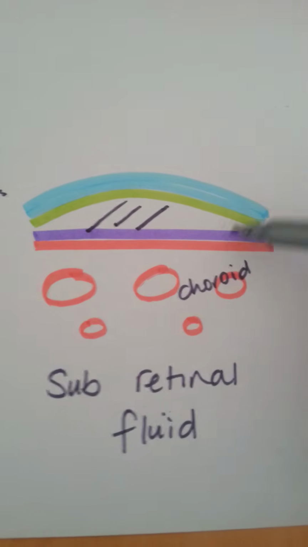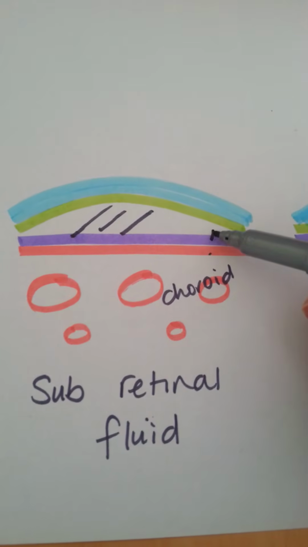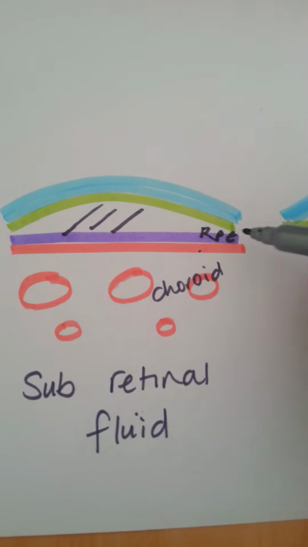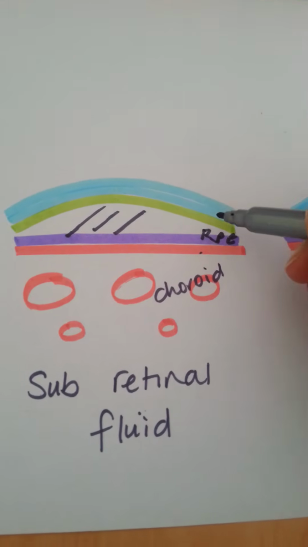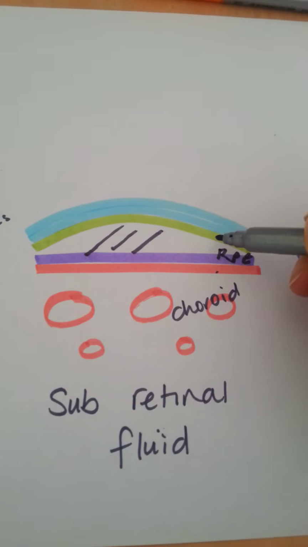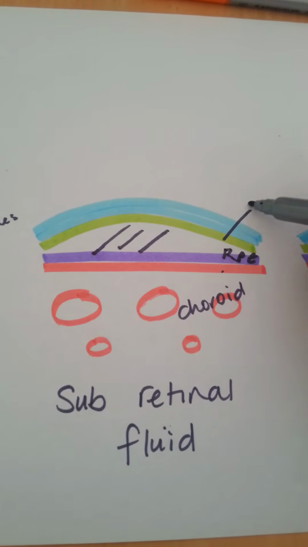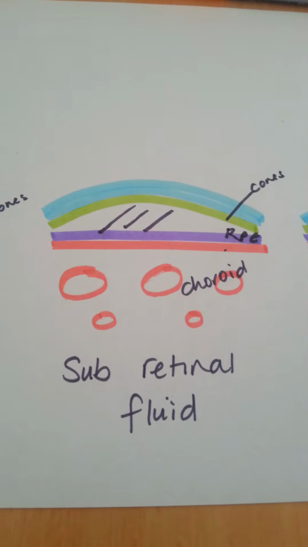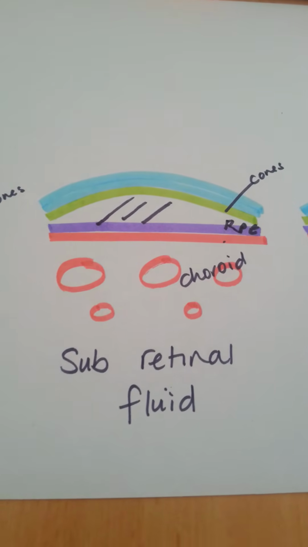And what this zone is, it's between the RPE, and sorry, it's a bit hard to write and hold the camera at the same time, and the photoreceptors, the cones. And that's where you find the fluid when it's subretinal fluid.